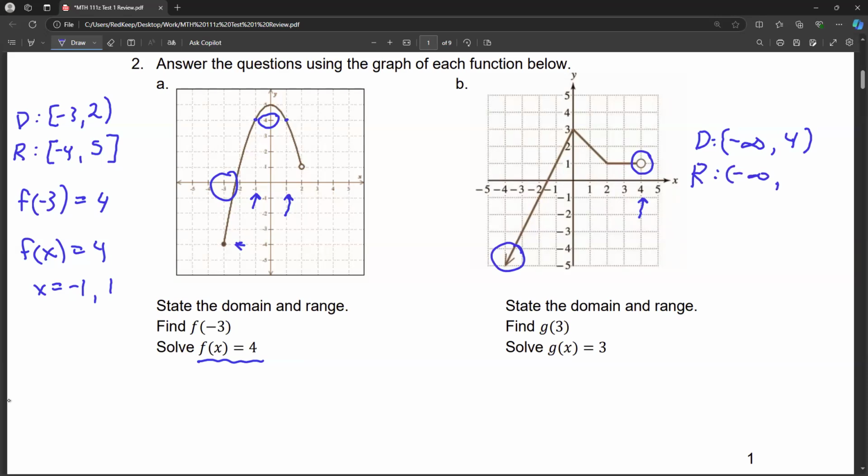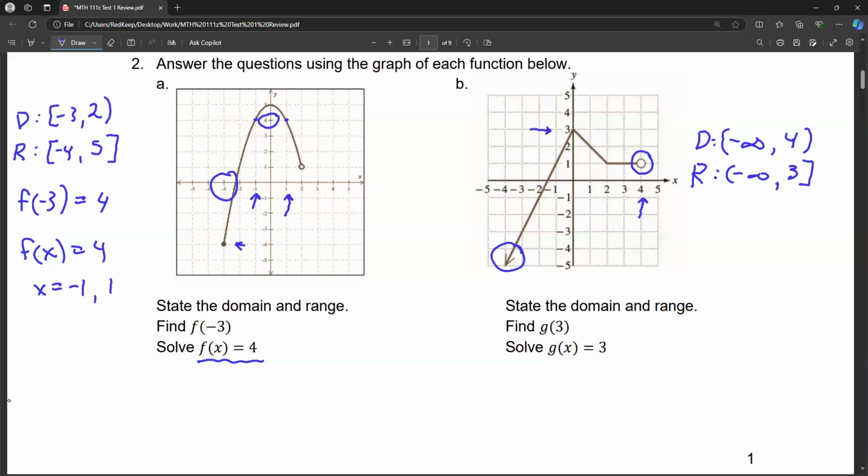And then the highest or largest y value as our output, well, we need to look at the y values and we see that looks to me like +3. And so 3 would be the right endpoint of our interval for the range. And we also are going to include that 3 in our interval for the range. Perfect.